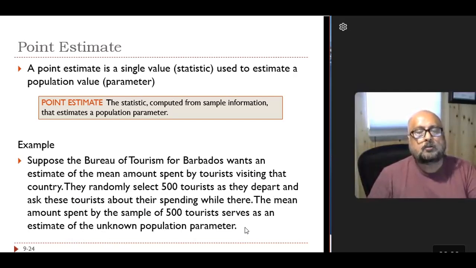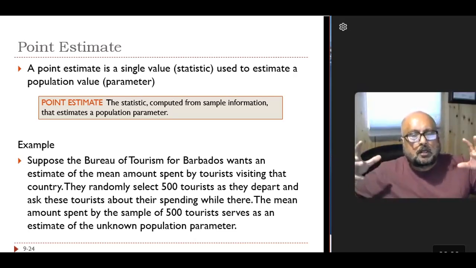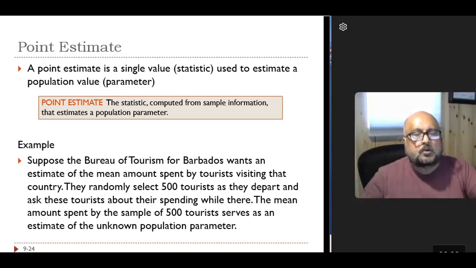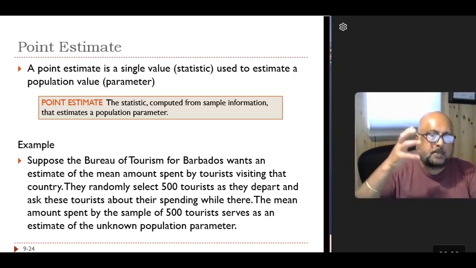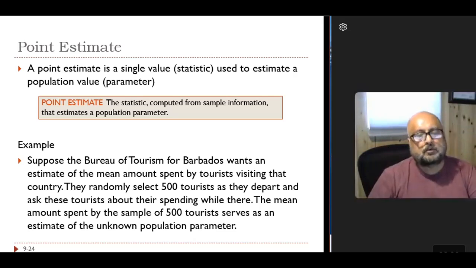So how to find it? You can use the mean amount spent by them. It's hard to study every tourist, so you are using a sample, and the sample mean will give you an idea about the spending.